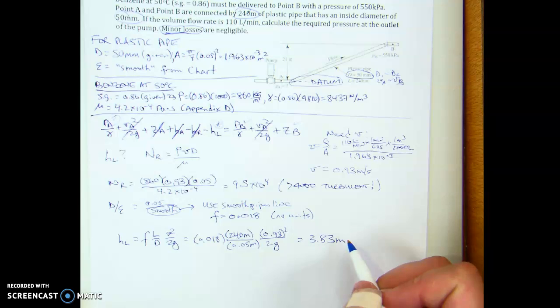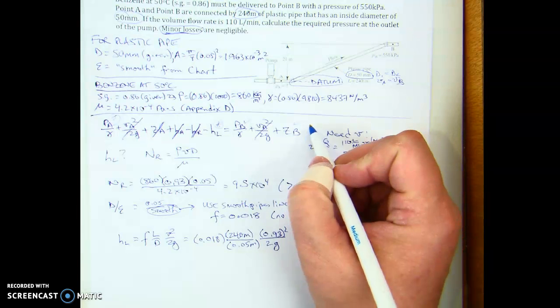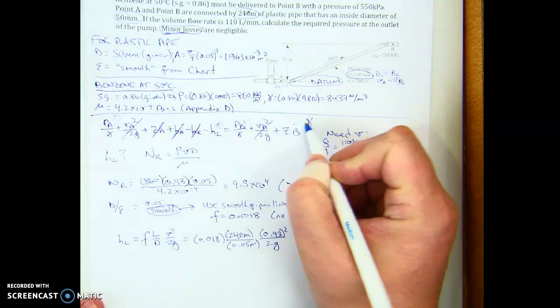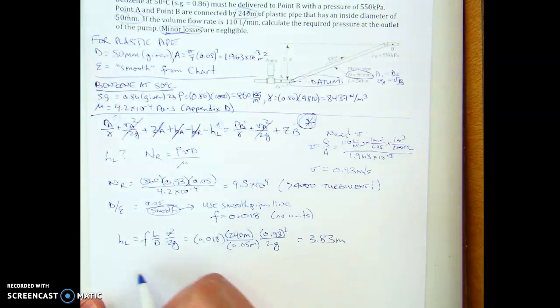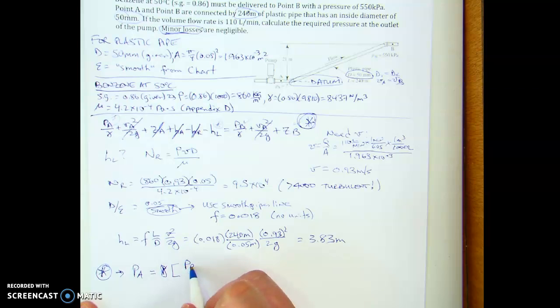So let's go back to our Darcy-Weisbach, our energy equation. I'm just going to put my asterisk up here and bring this back down here. And now we've got PA, let's just rearrange it. PA is equal to gamma outside of PB over gamma plus ZB plus HL. That is a gamma, that's not crossed out.